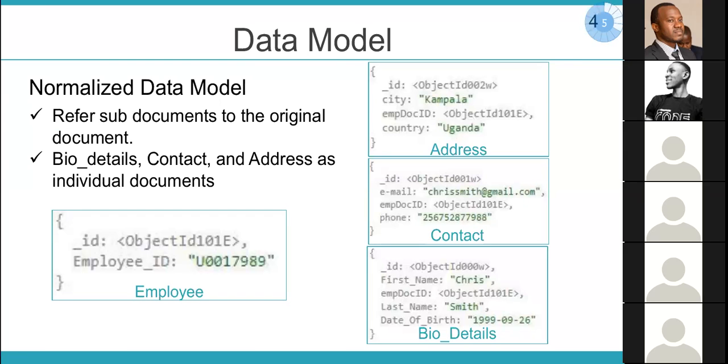So this typically is trying to do what is done in SQL databases, and I wouldn't advise you to always do this, but it's just something that is also possible with MongoDB. So you know you can do things the SQL way.